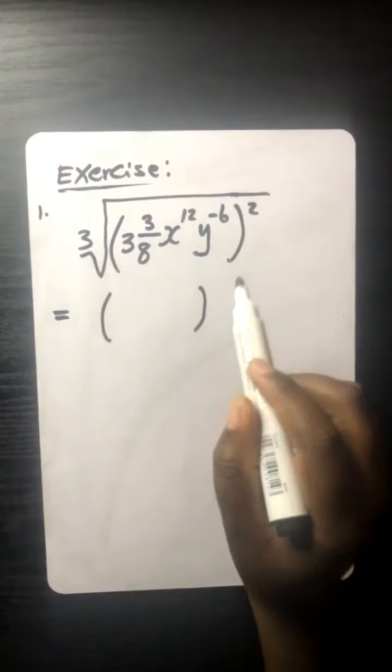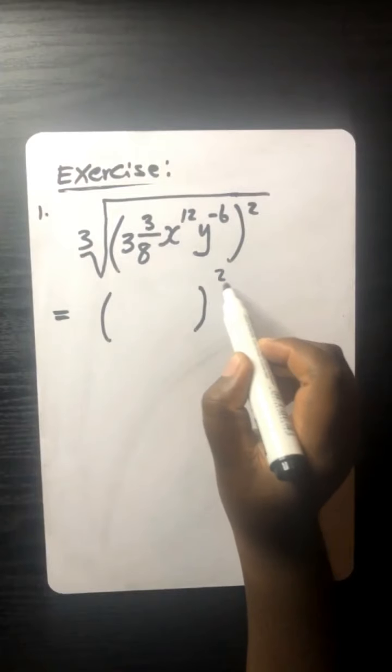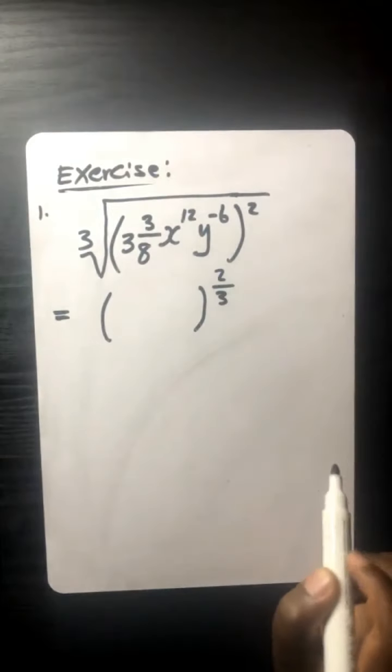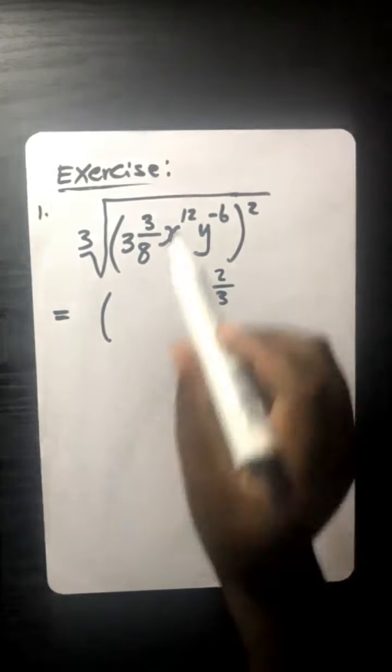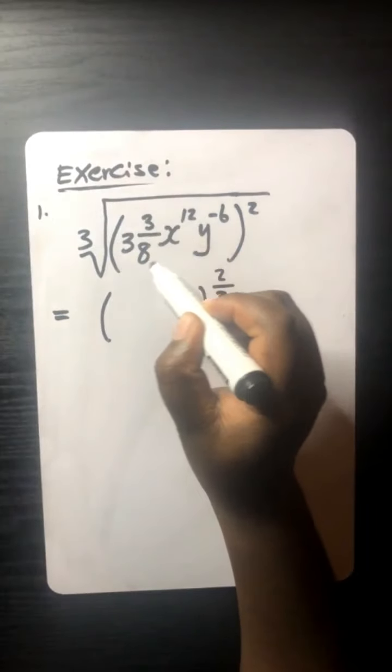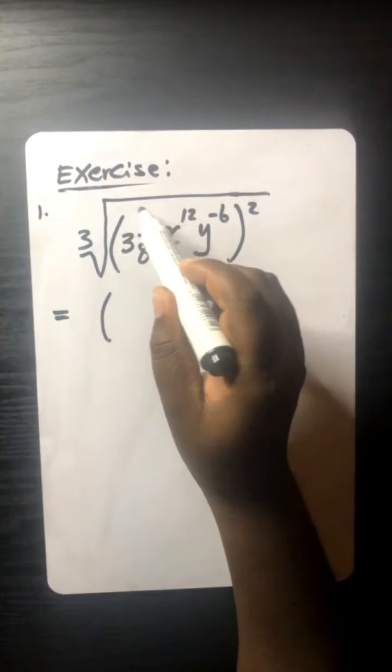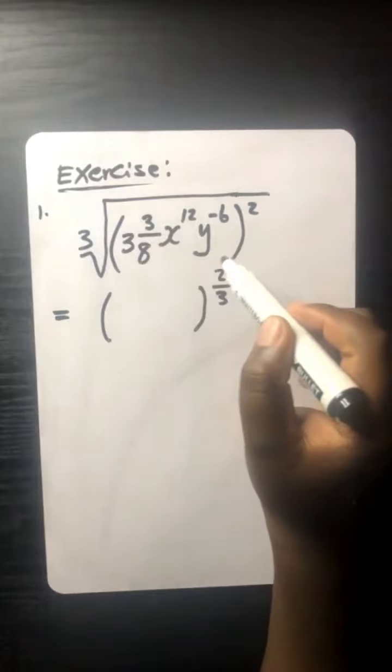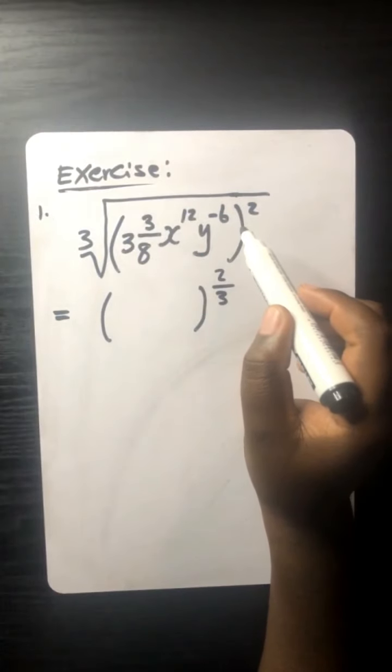So it's whatever that is inside to the exponent 2 over 3. So this might look a bit complicated, or otherwise it might complicate our life.